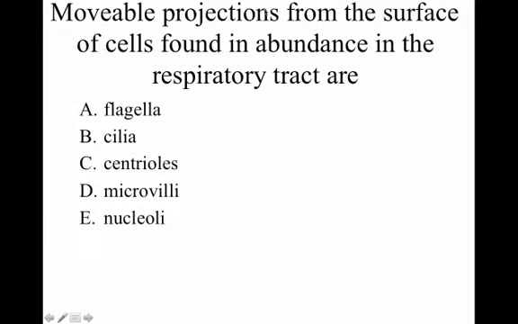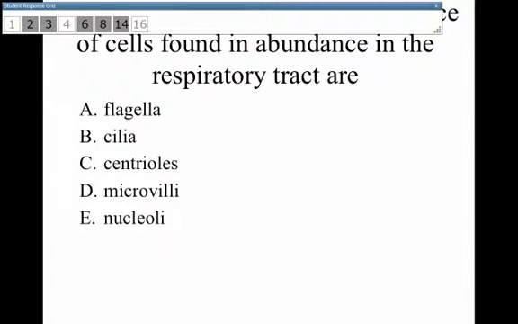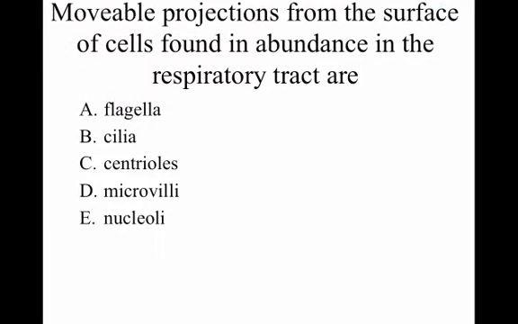Movable projections from the surface of cells found in abundance in the respiratory tract. I did put on Edmodo and on Angel the copy of just the questions, since those weren't in the original notes that were up.